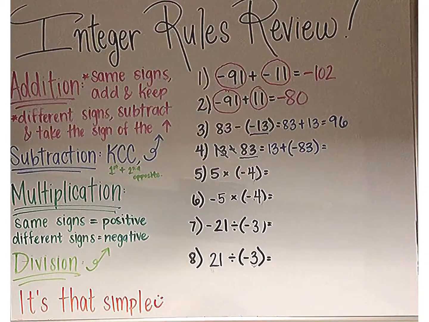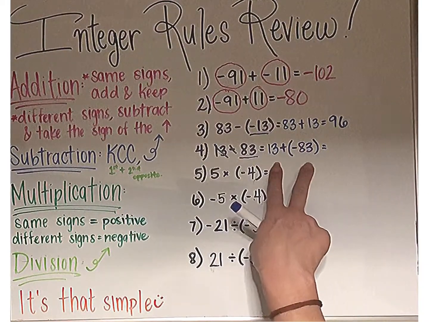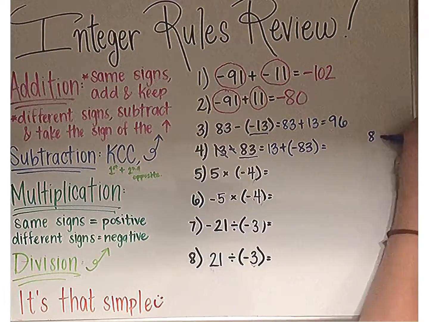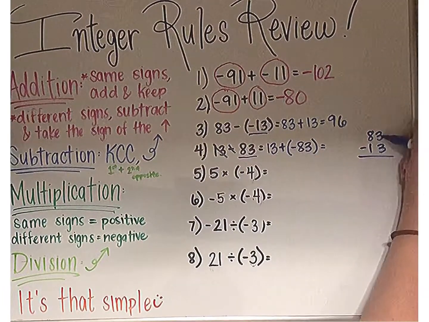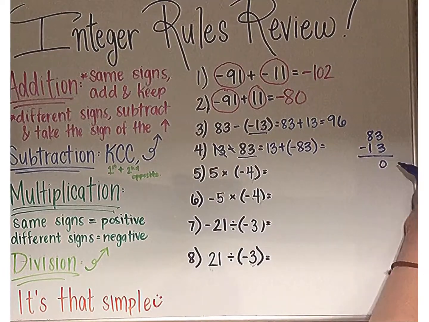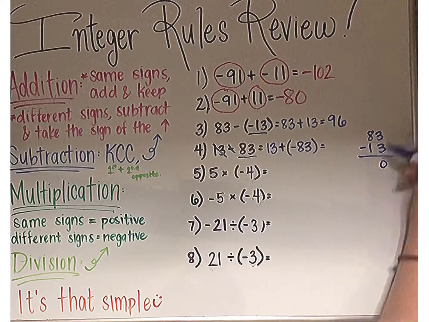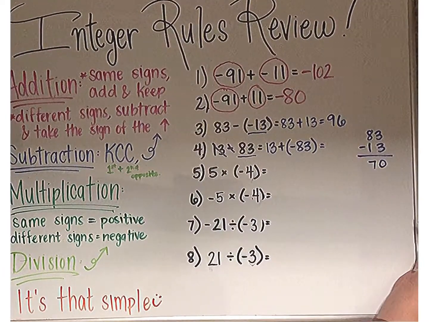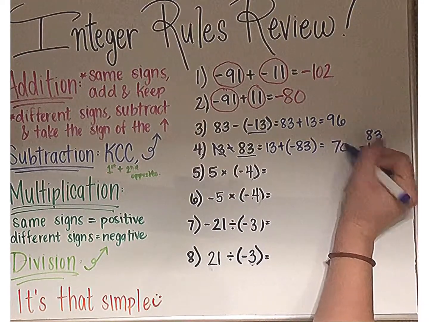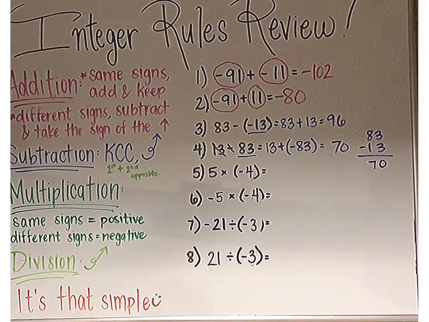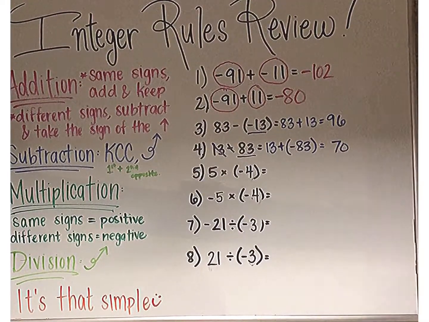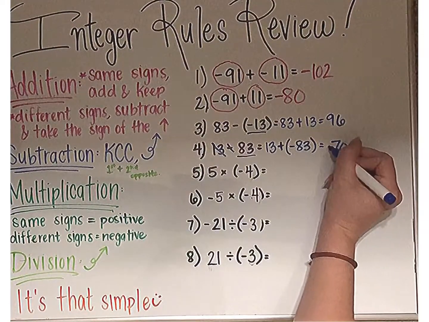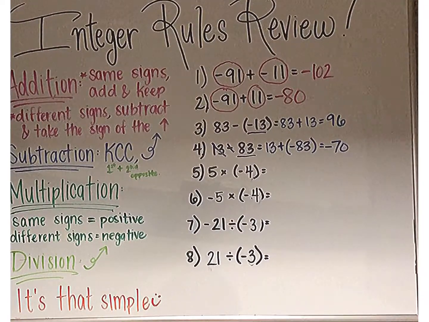And now I follow my addition rules. I have different signs, so I subtract. 83 minus 13. 3 minus 3 gives me 0. 8 minus 1 gives me 7. And then I take the sign of my higher absolute value. Negative 83 is further away from 0 than 13, so my answer again is negative.